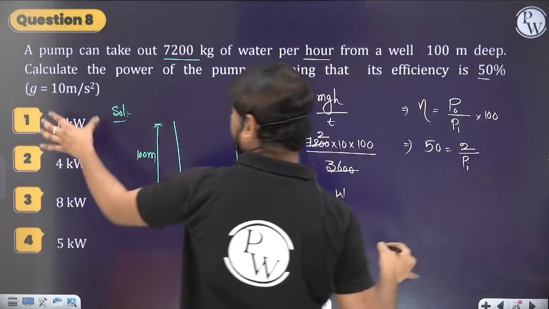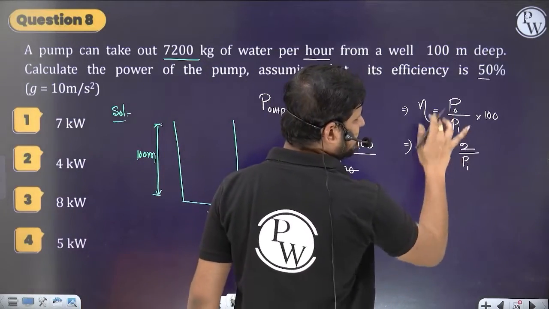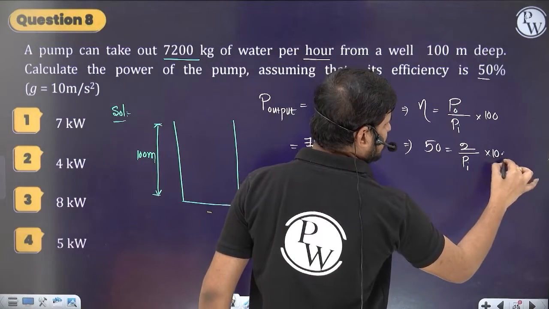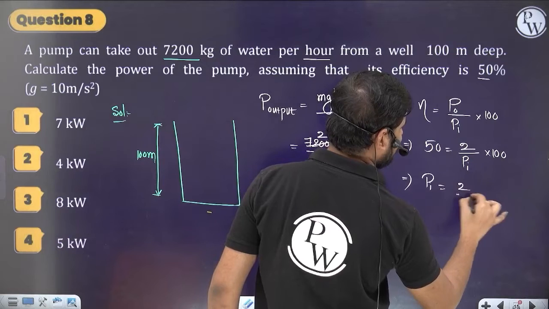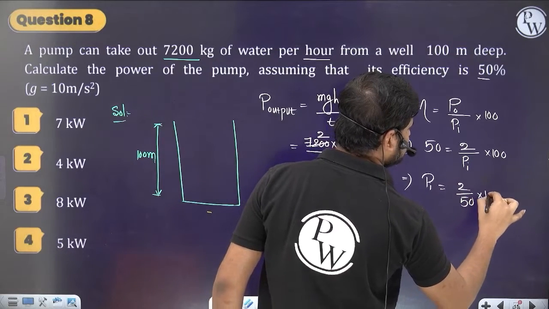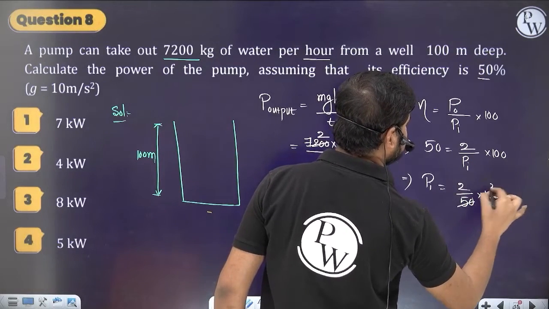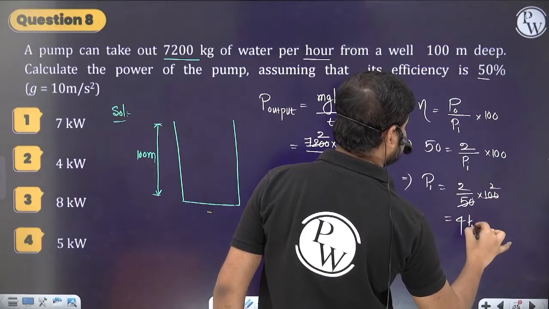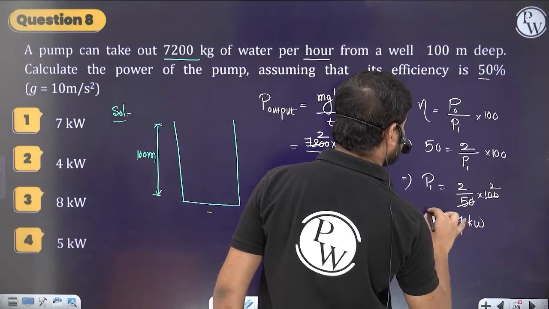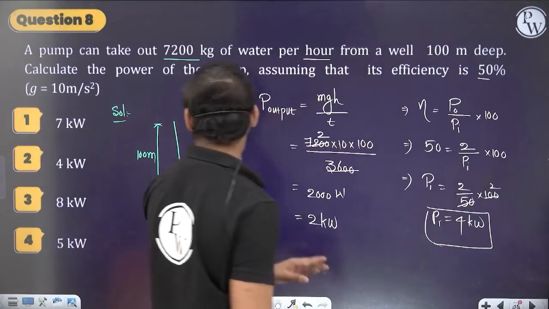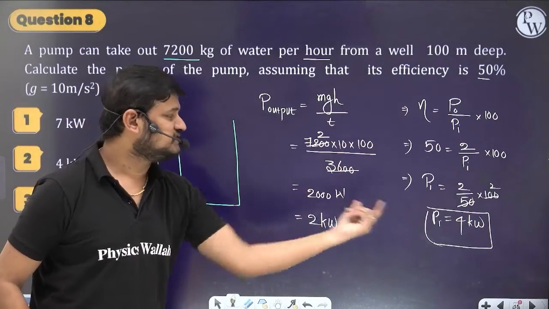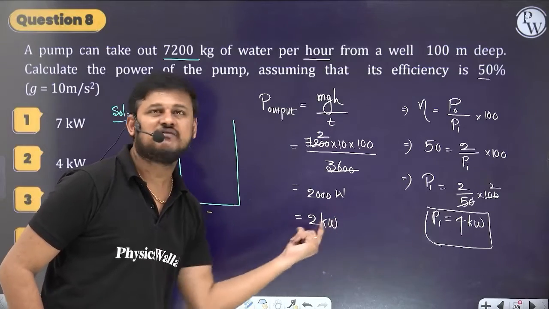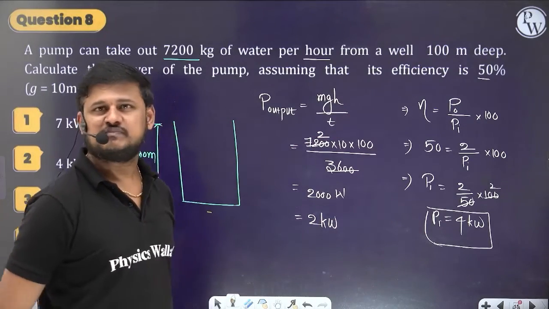All the options are given in kilowatts, so let's take the power output in kilowatts itself. Then pi is equal to 2 by 50 into 100, which is 2 times 2 into 2, 4 kilowatts. The input is the power of the pump and the output is this one. Efficiency is 50%, input to output is half, right? So the efficiency is 50%, guys.